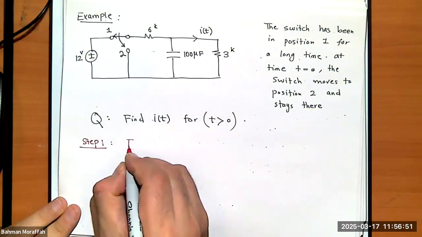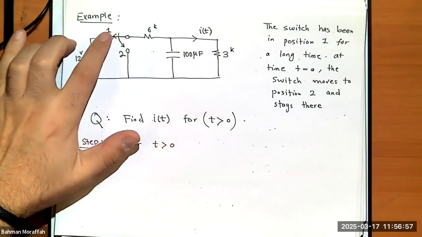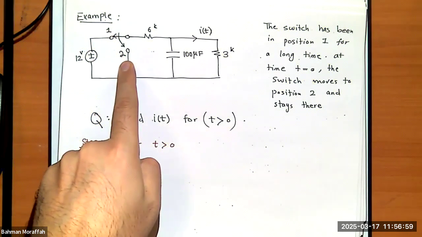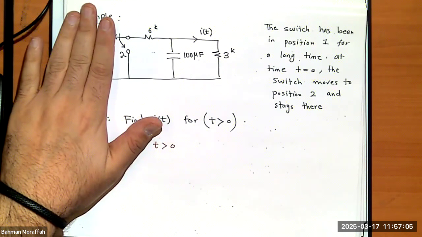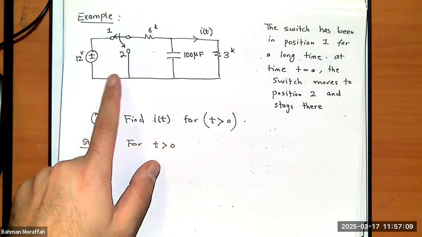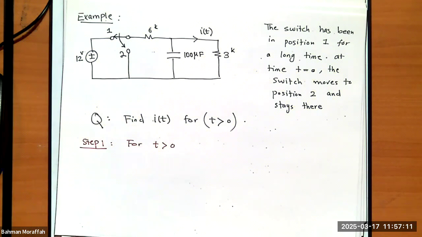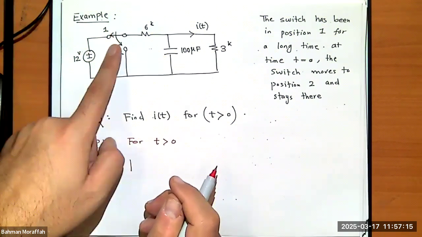So for time greater than 0, what does my circuit look like? Well, again, at time 0, the switch moves to position 2. Therefore, this portion of the circuit is gone. You see why it's gone? Because it's in parallel with the wire. Actually, it's not even in parallel with this.